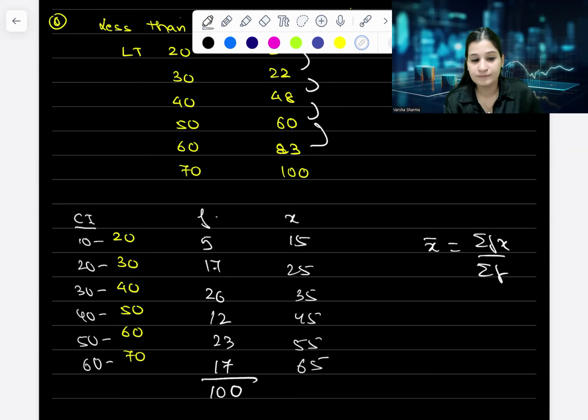Done? 37.5. No. 11.05. How will the average be so low, guys? The data is still 70. 43.2. I didn't hear, again. 43.2.